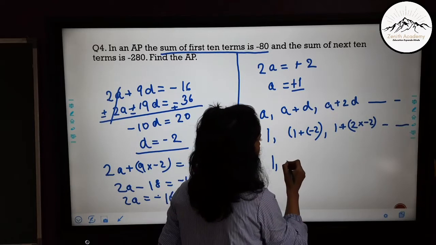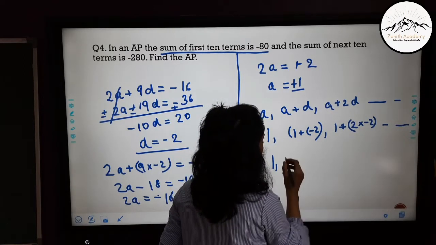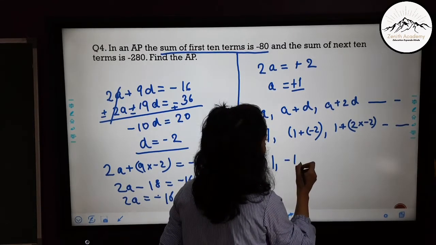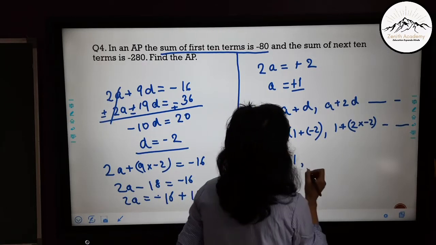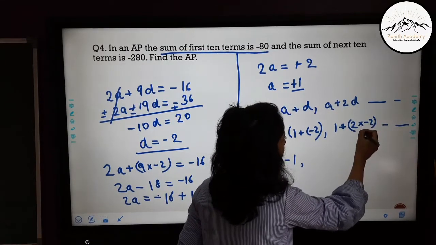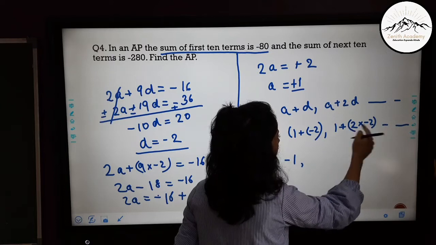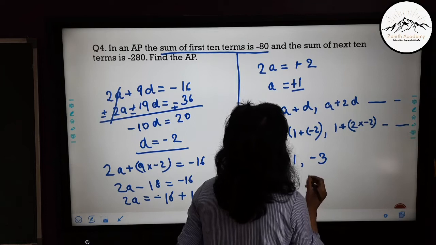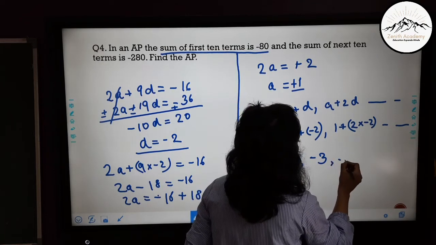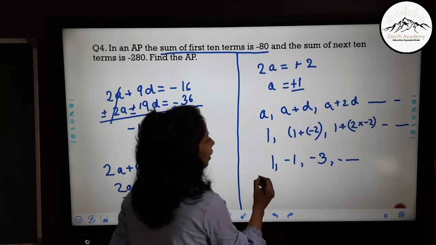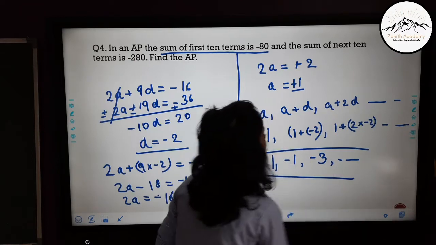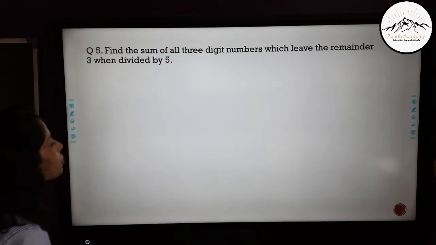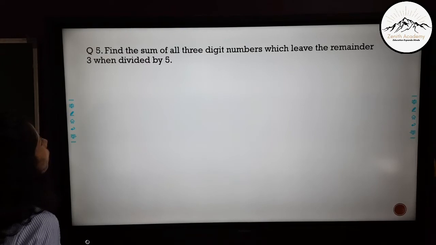So our AP will be 1, 1 plus minus 2 is minus 1, 1 plus 2 into minus 2 is 1 minus 4, which will give us minus 3, and so on. Hence our answer. Moving on to our next question.